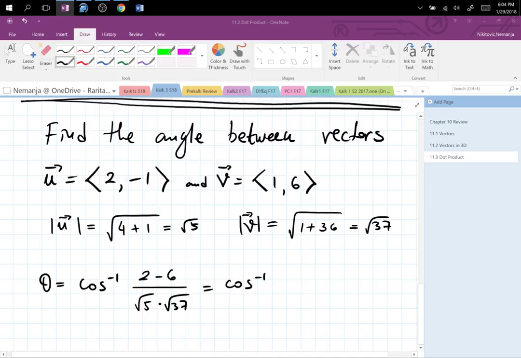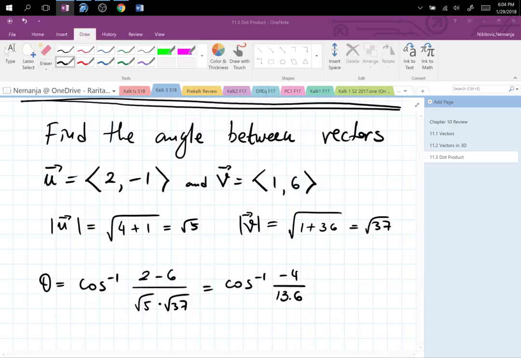So cosine inverse of negative 4 divided by, we can get the decimal for this one, 13.6.